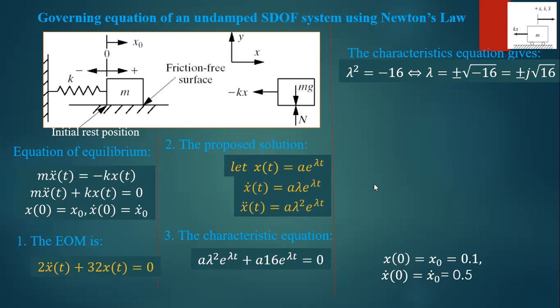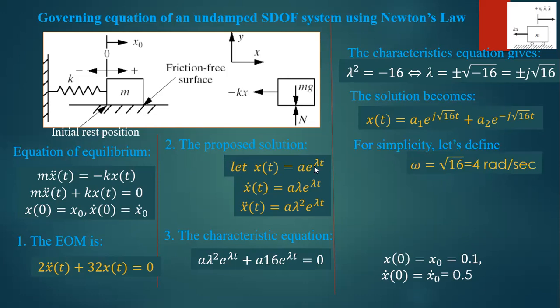Now we have two roots, so the solution becomes, in the same form as before, A1 e to the power of j radical 16 t plus A2 e to the power of minus j radical 16 t. A1 and A2 here are arbitrary constants.